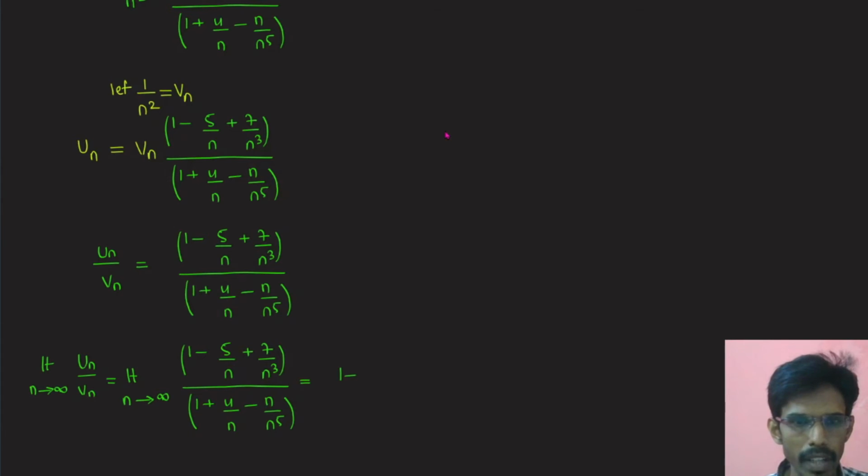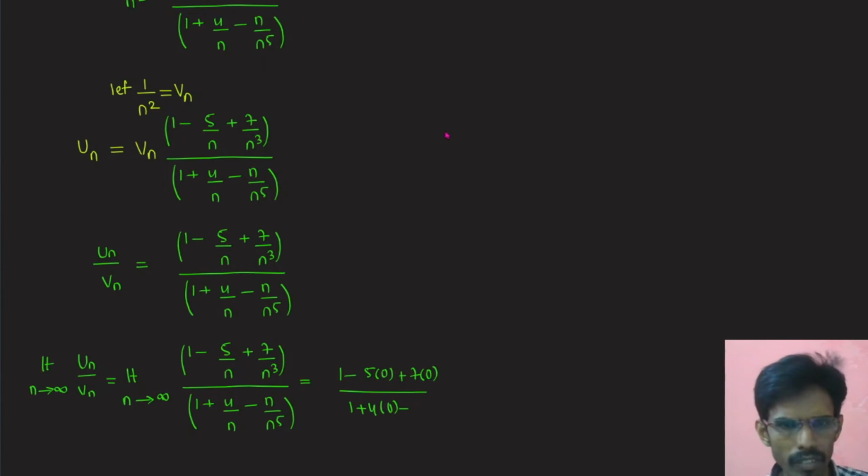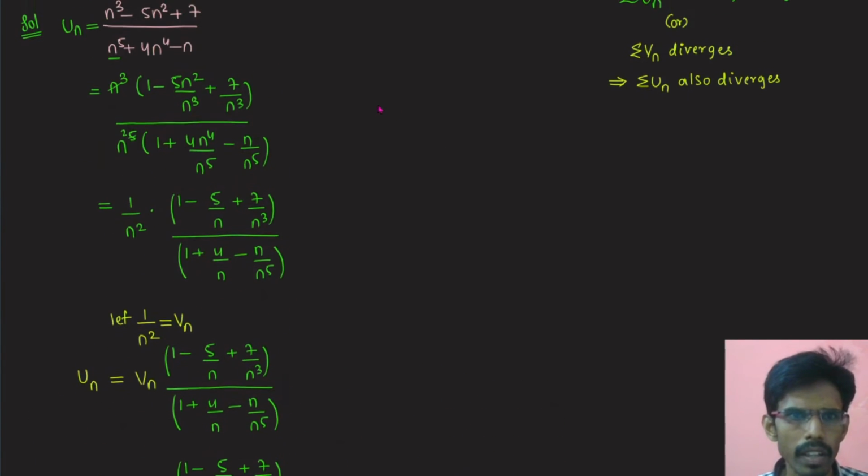So here we have 1 minus 5 into 0 plus 7 into 0 upon 1 plus 4 into 0 minus n by n power 5, which will be 1 by n power 4, that will be 0 only. So we got 1 by 1, that is 1, a finite non-zero number, right?